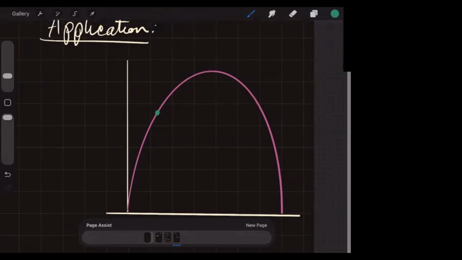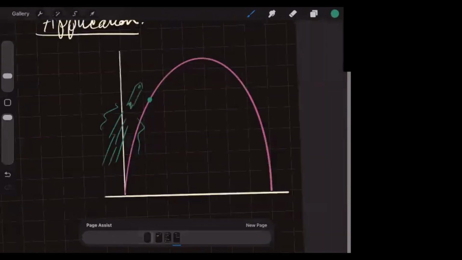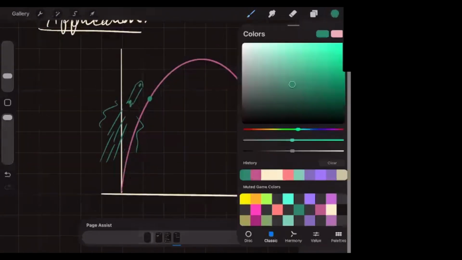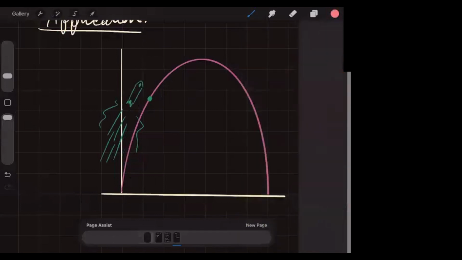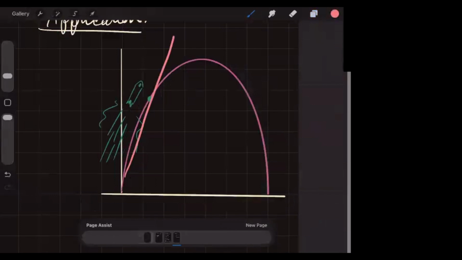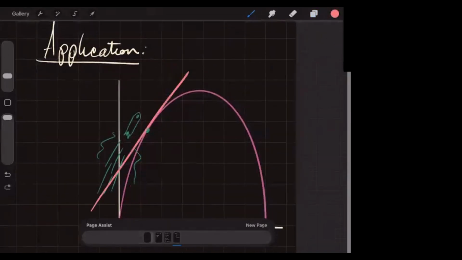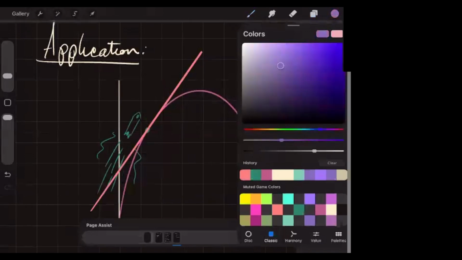Now let's say at this point right here, your rocket, I'm going to do my absolute best to draw a rocket. It launches, and at this point it breaks off and launches some other thing, I don't know, a parachute.